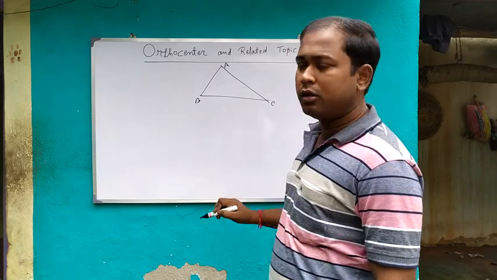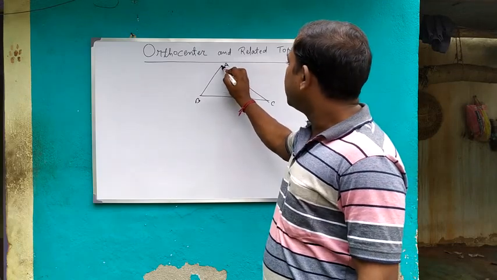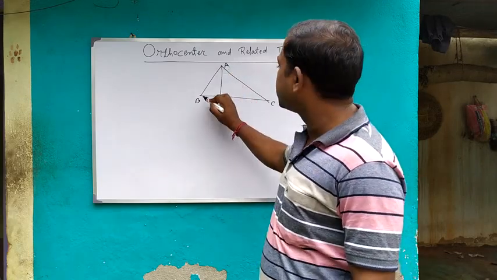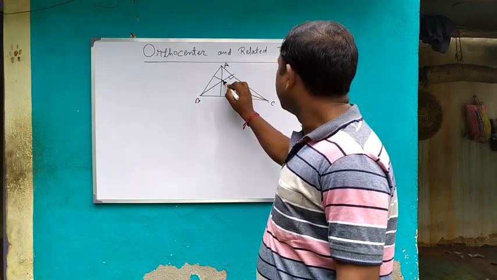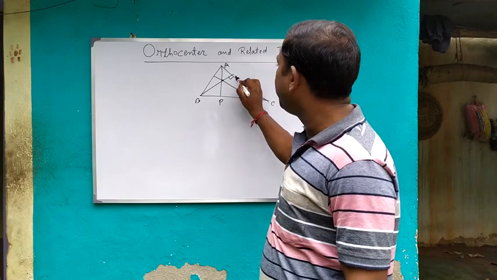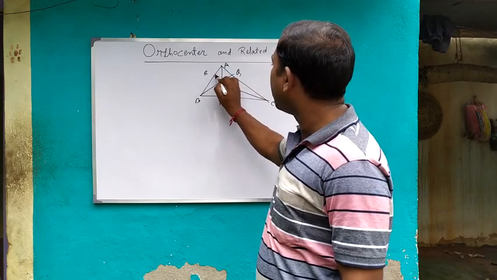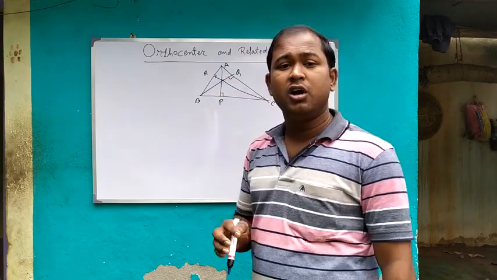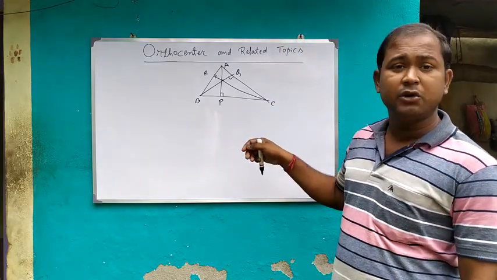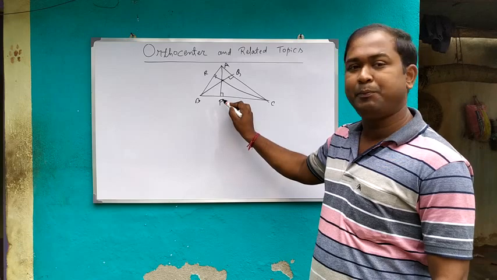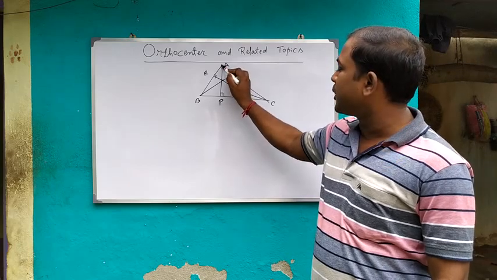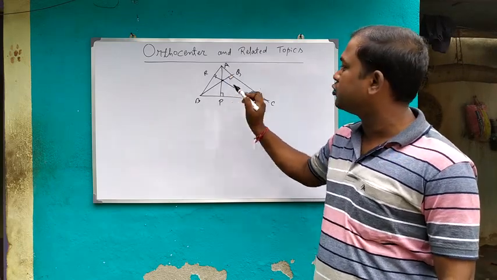Now I am drawing the three altitudes of this triangle. Let the three altitudes be AP, BQ and CR. What is an altitude? An altitude is a perpendicular dropped from a vertex to the opposite side. So altitude AP is a perpendicular dropped from vertex A to the opposite side.